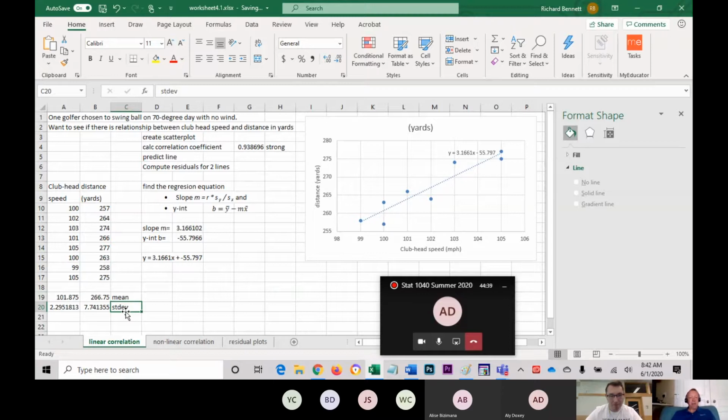And then I could say find the equation for the slope and the y-intercept, and then this is the ordinary least squares regression line. And you can see that matches that. So, do you guys feel comfortable and confident doing that?